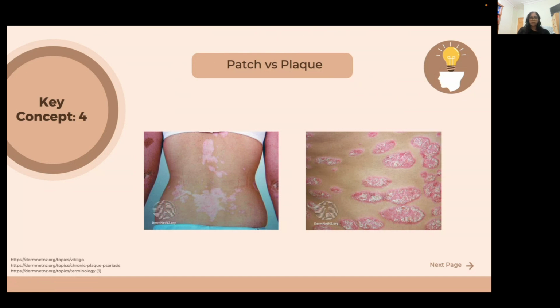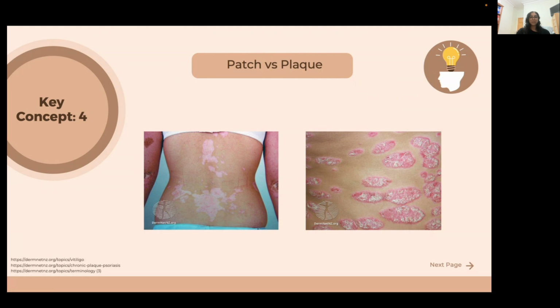And then another important concept is understanding the difference between a patch and a plaque. So does anyone know the difference between the two? Sabina has written plaques are raised.